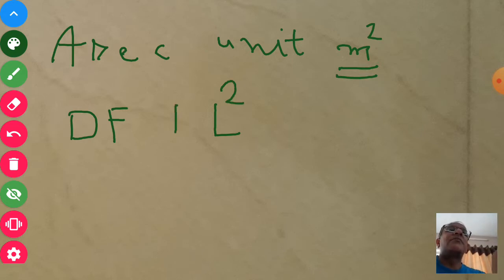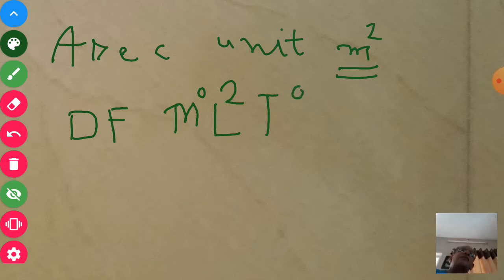Now there is no mass measured, so mass raised to 0. There is no time measured, so time raised to 0. Try to understand, we are combining mass, length and time. Whichever quantity is measured, if it is meter square, then L raised to 2. Mass is not measured and time is not measured, so M raised to 0 and T raised to 0.